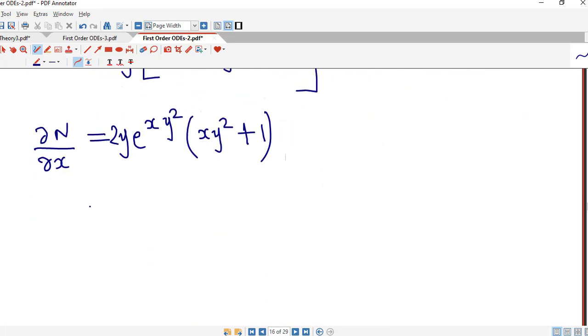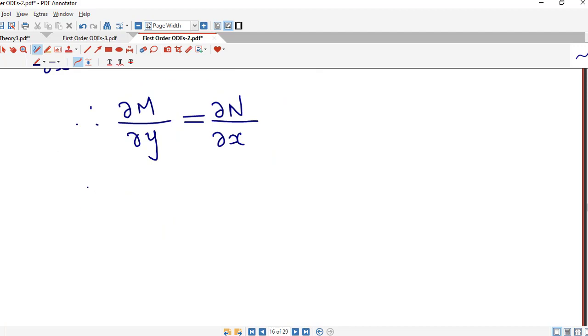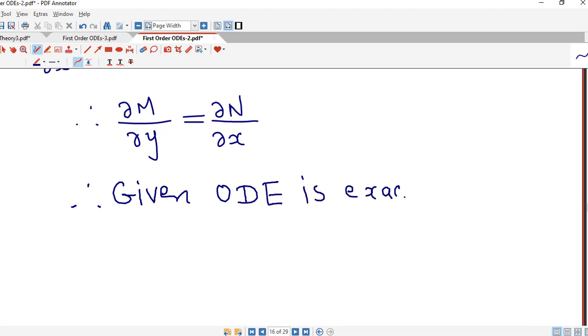So both the derivatives are equal, so our condition for exactness is satisfied. Therefore the partial derivative of M with respect to y equals the partial derivative of N with respect to x. Therefore the given ordinary differential equation is exact, so we can directly write its general solution.